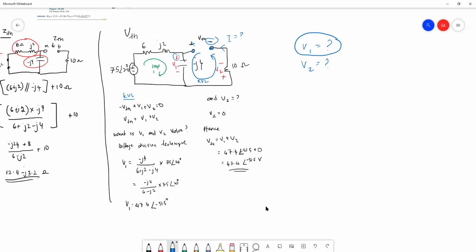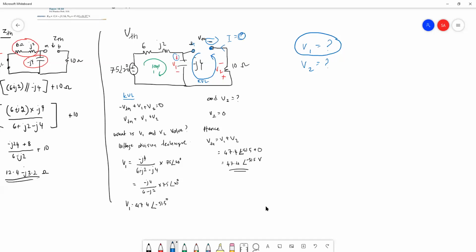Can someone tell me, is there any current flowing inside this branch? No, doctor, no current. Why? Because it is open circuit. So the current is 0.